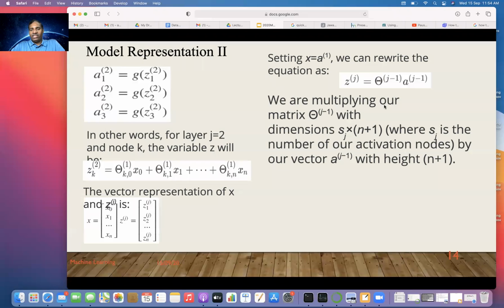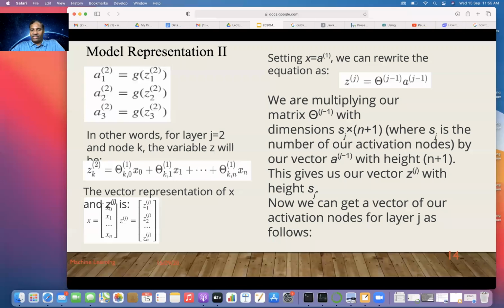So we are multiplying our matrix theta of j minus 1 with the dimensions sj by n plus 1, where s is the number of our activation nodes, by our vector a of j minus 1 with the height n plus 1, because the bias unit is coming as 1. This gives us our vector zj with the height sj.